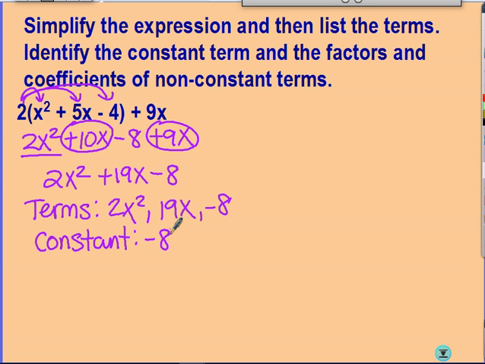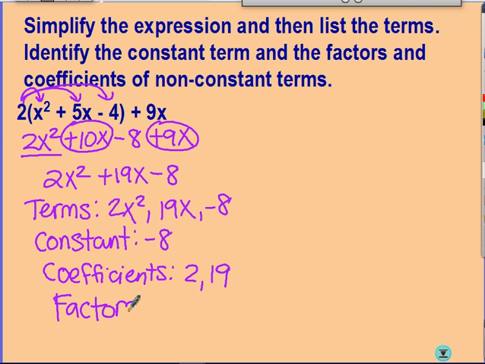The coefficients of these non-constant terms are 2 and 19. The factors for 2x squared include 2 and x squared, and the factors for 19x include 19 and x.